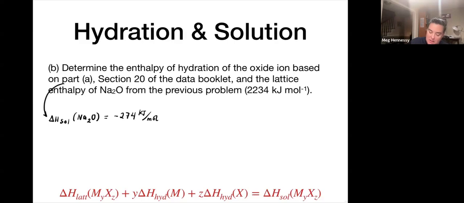The lattice enthalpy of sodium oxide we previously got tonight. And the enthalpy of hydration of sodium that's actually in the data booklet.